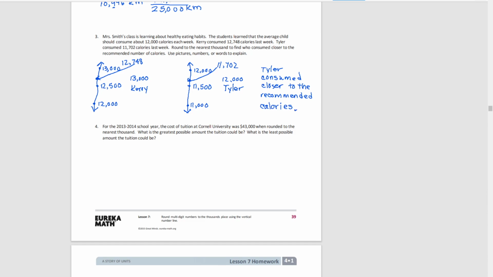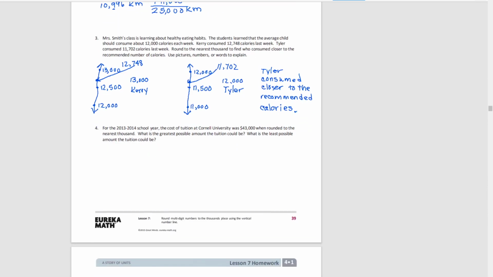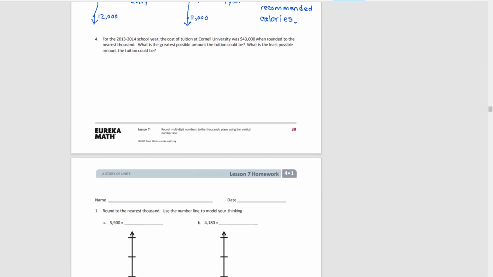Okay, now pause the video and try number 4. Okay, for the 2013-2014 school year, the cost of tuition at Cornell was $43,000 when rounded to the nearest thousand.